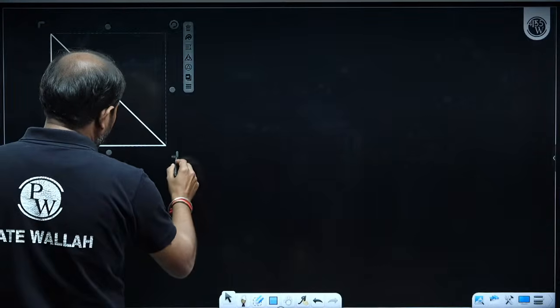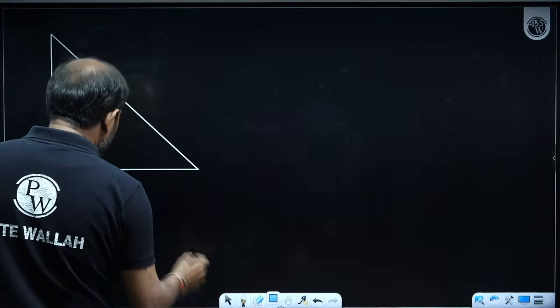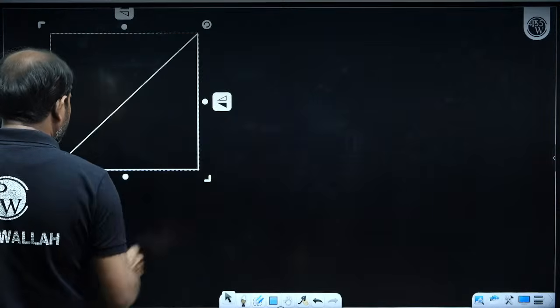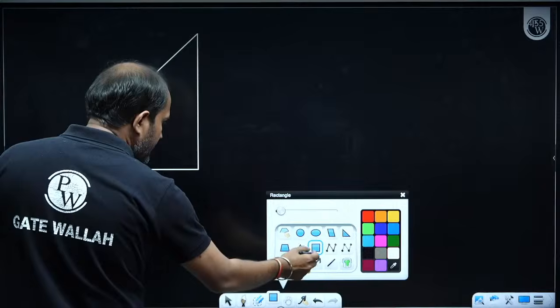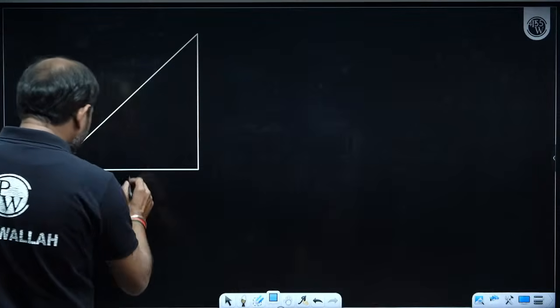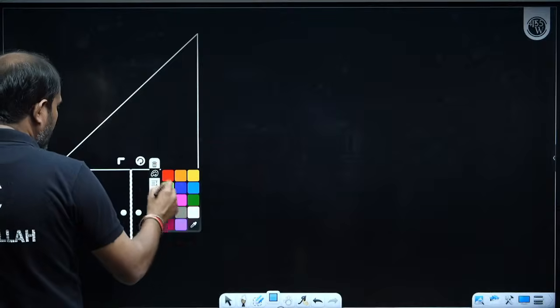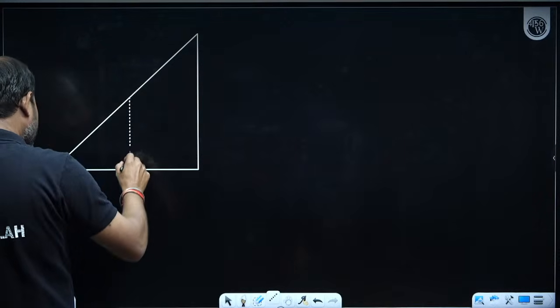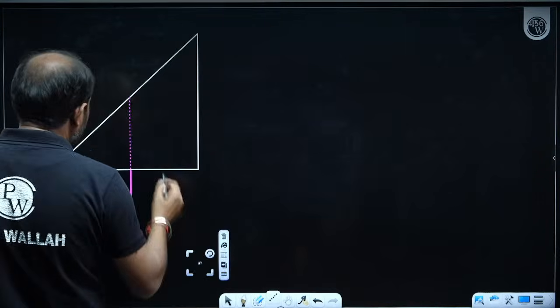So this is an isosceles triangle. What will happen with this one? The light is incident on this side, and it will be normally incident.